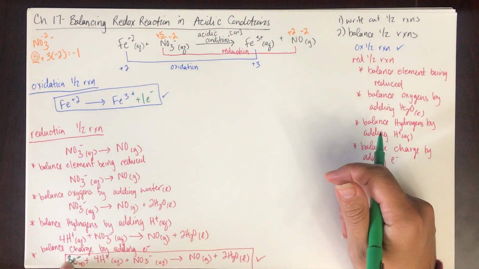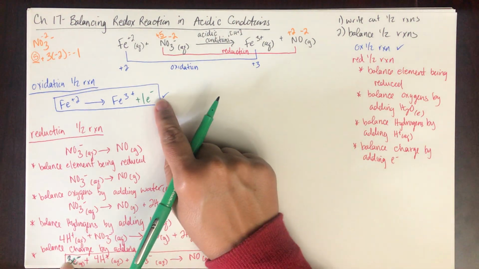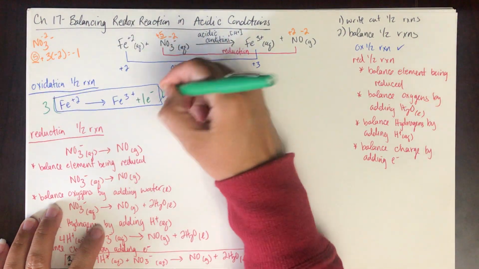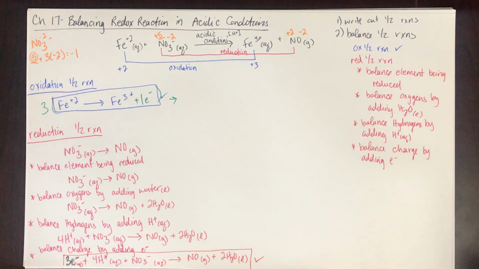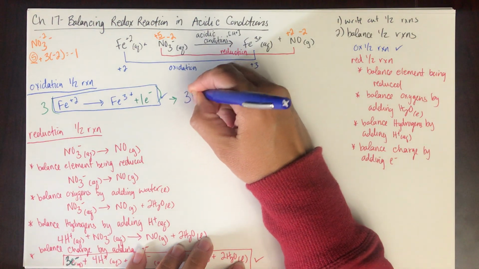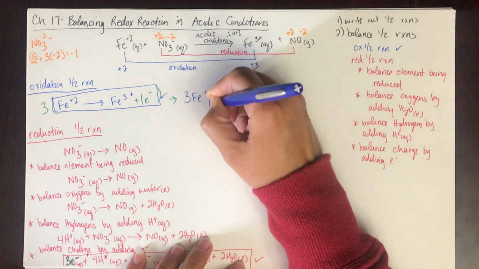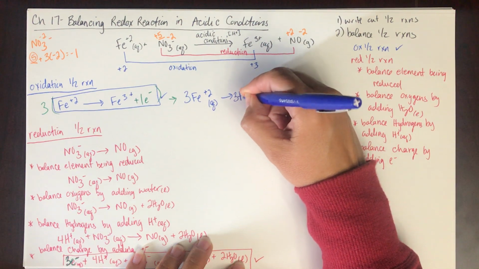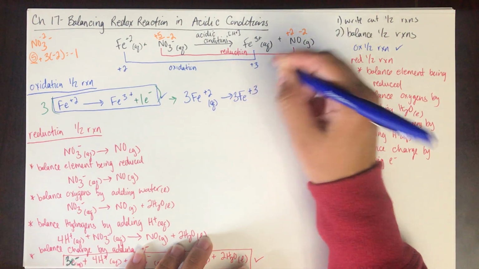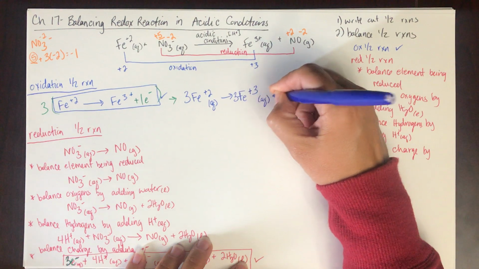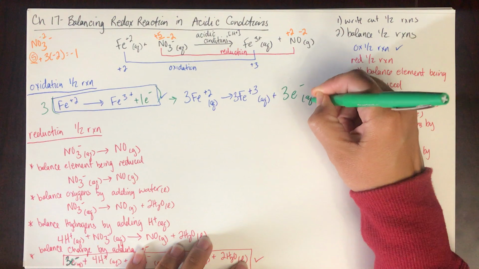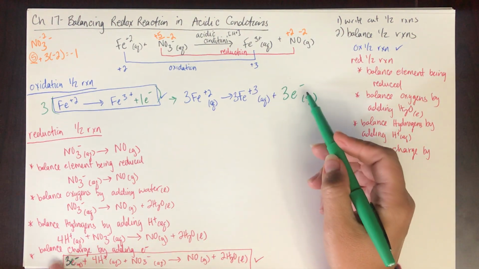So if this has 3 electrons on the reactant side and this has 1 electron on the product side, I'm going to multiply this whole thing by 3. And when I do that, I get 3 Fe2+ aqueous produces 3 Fe3+ aqueous plus 3 electrons. Now my electrons can cancel.